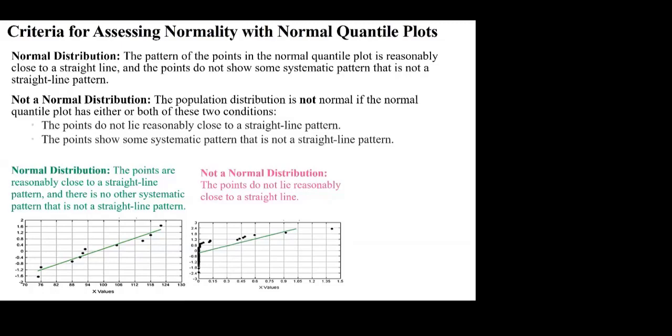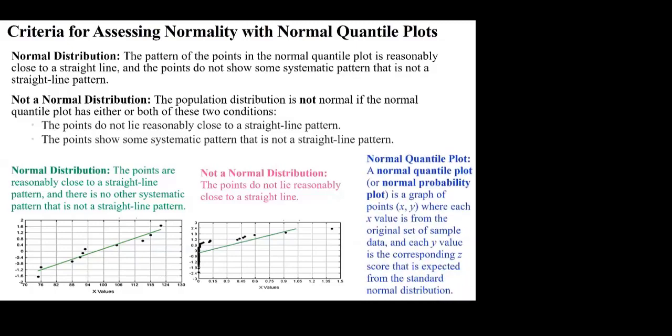Now, what I want to discuss is this last piece, which really puts all of it together. Could somebody read this one in blue, please? Normal quantile plot: a normal quantile plot or normal probability plot is a graph of points (x, y), where each x value is from the original set of sample data, and each y value is a corresponding z-score that is expected from the standard normal distribution. Thank you so much. So what is a normal quantile plot?